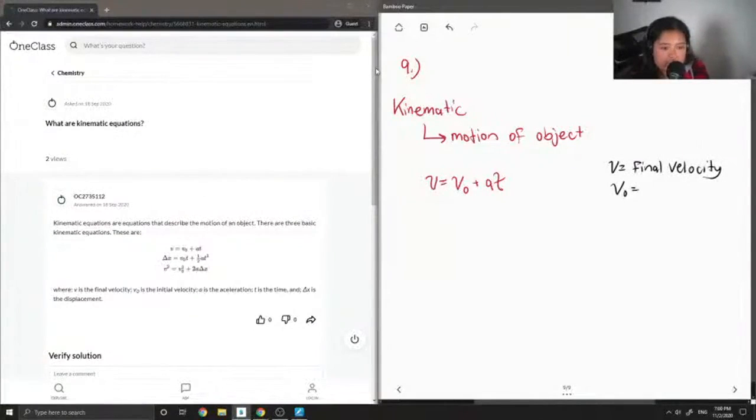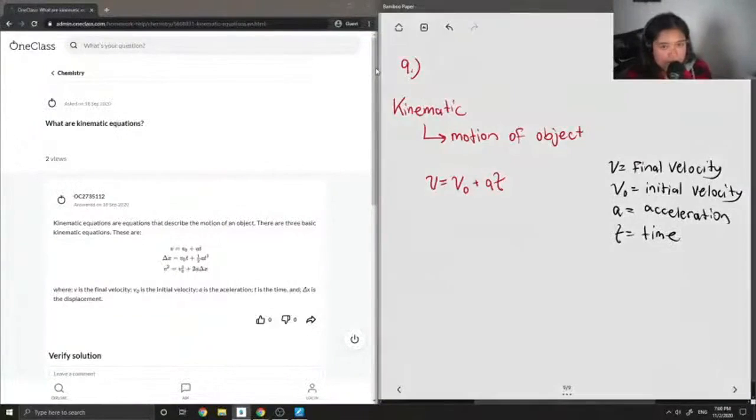Every time there's a subscript of 0, this means initial. So initial velocity. A stands for acceleration. And yeah, so t is time.